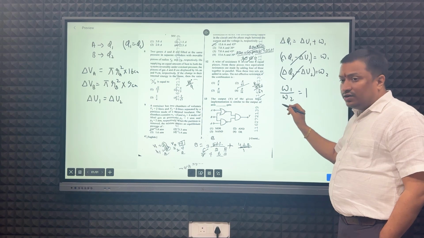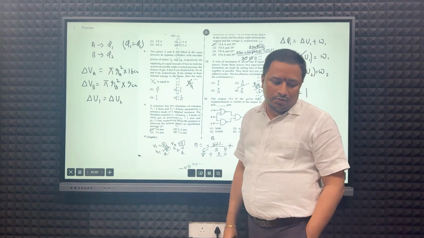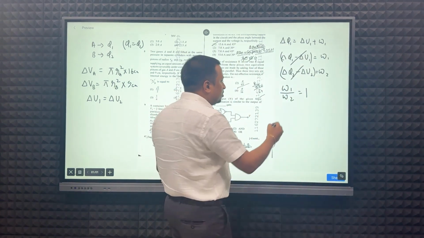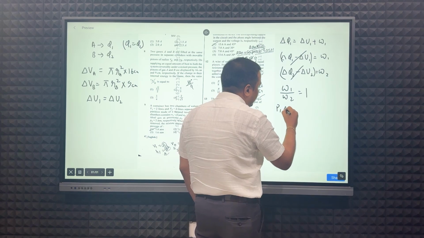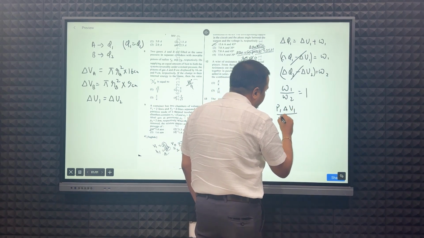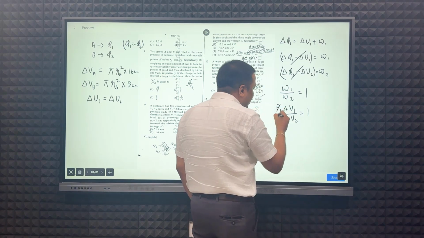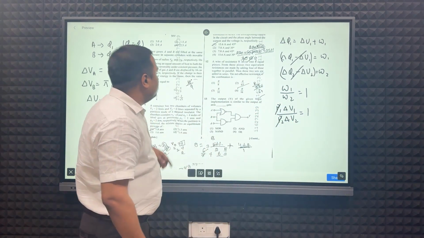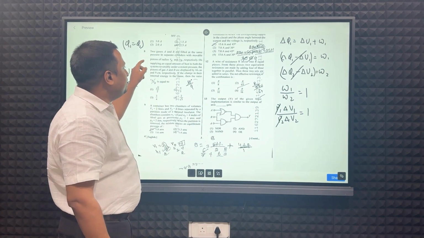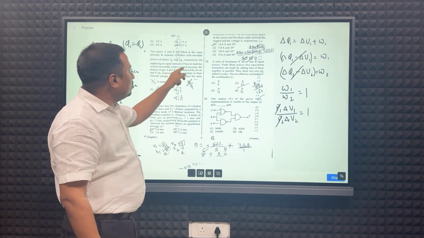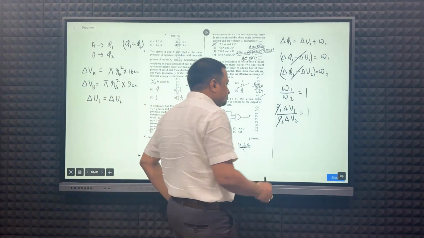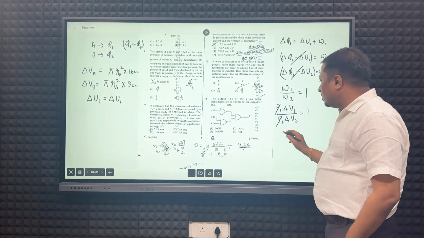I can directly write work done is what? P delta V. So here I am going to get P1 delta V1 by P2 delta V2, that will be equal to 1. And as they are saying that pressure is same, under constant pressure, delta V1 and delta V2 are equal to each other.